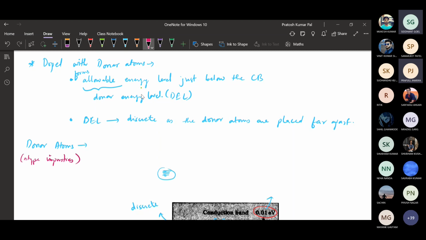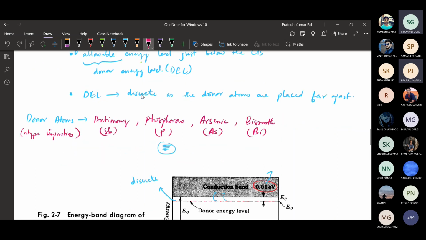The first we have seen is antimony, represented by the symbol Sb, and phosphorus. Phosphorus is also a pentavalent dopant. Arsenic is also a pentavalent dopant, and bismuth. So these are the different pentavalent dopants.